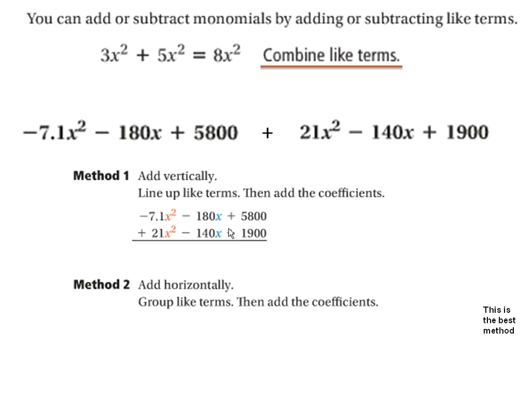The vertical method requires that you take this and place all of the exact same terms underneath each other. This term, if it's an x squared, you must find the x squared in this polynomial and place it underneath this one. The x's have to be underneath the x's and the numbers under the numbers, and then you can add them together.